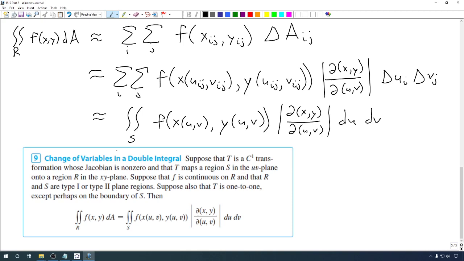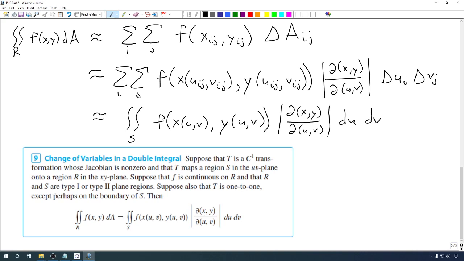They write here that R and S are type 1 or type 2. That's actually a little bit more than we need, but we do want them to be relatively well behaved. And we also want T itself to be one-to-one, which is kind of already taken care of by the fact that the Jacobian is non-zero, though we should probably state it anyways.